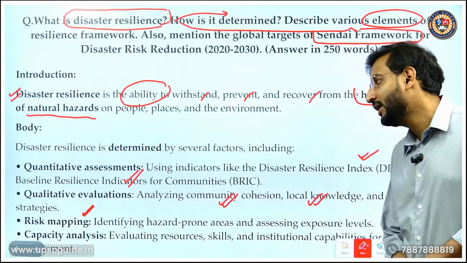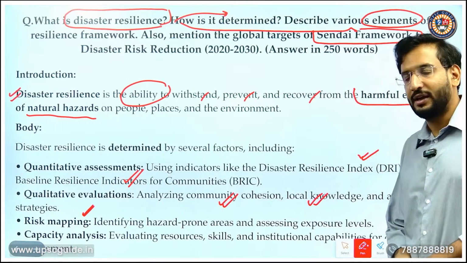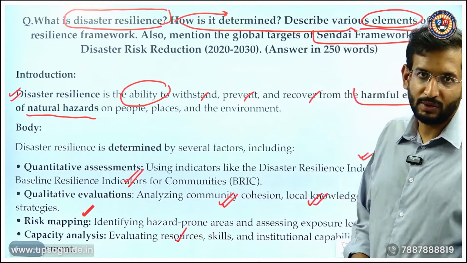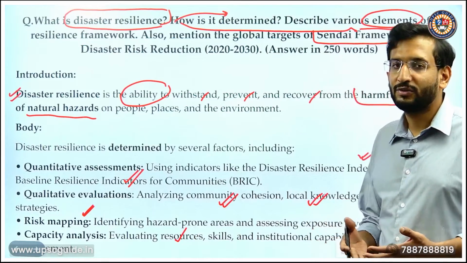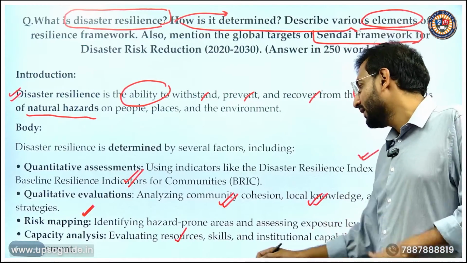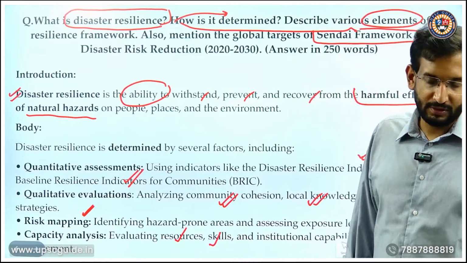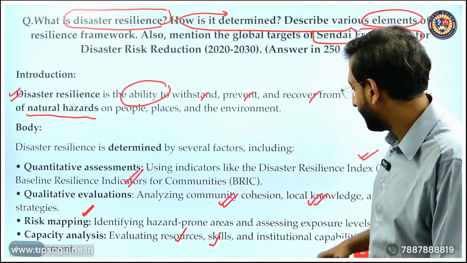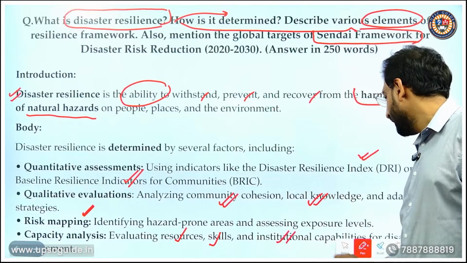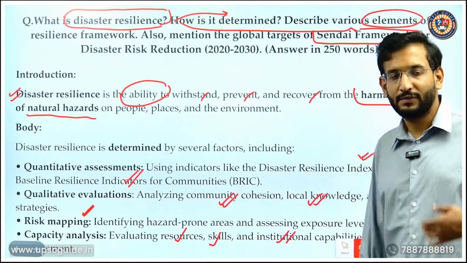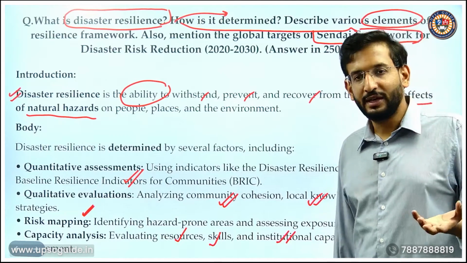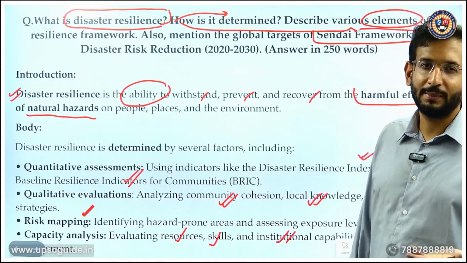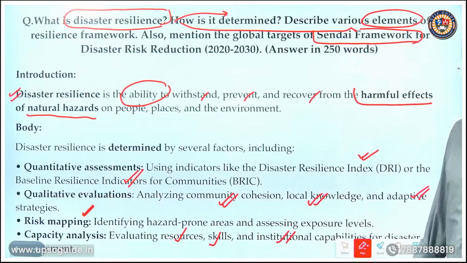And fourth is the capacity analysis, evaluating the resources like your buffer stocks as well as health and social infrastructure. Then the skills of your personnel, that is NDMA personnel as well as security personnel, their skill assessment can be done, and building the institutional capacity, that is the deployment of different technologies to easily tap the potential as well as the danger of the upcoming disaster.